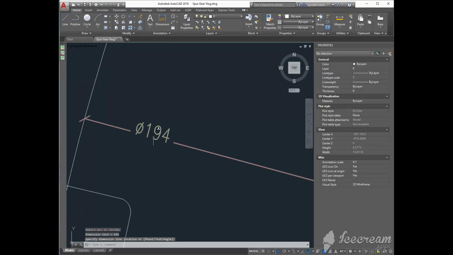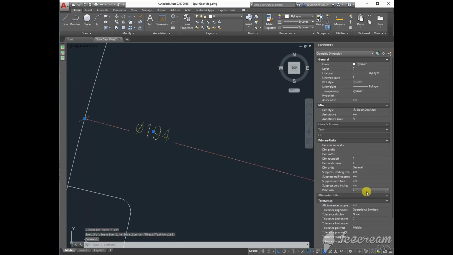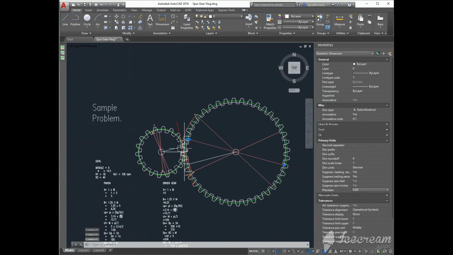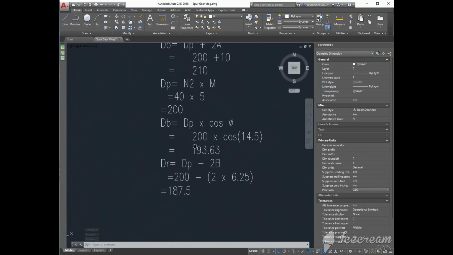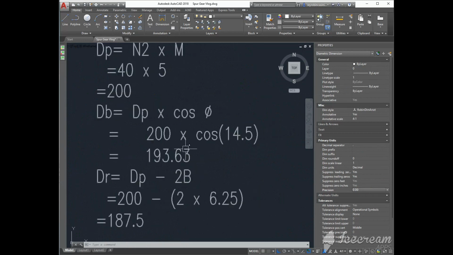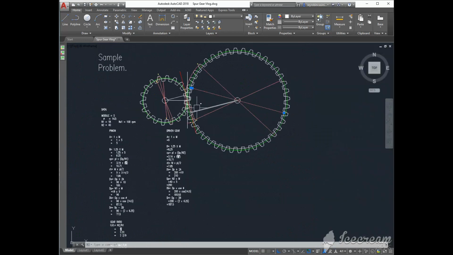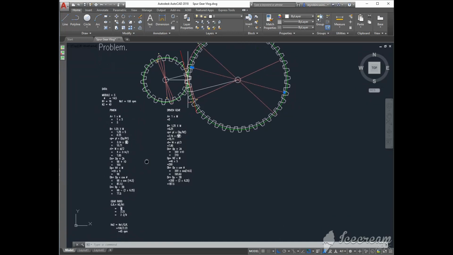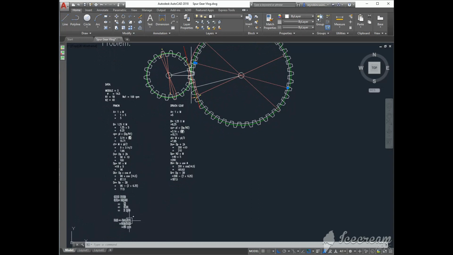It has a diameter of 194. If we increase the precision here, 193.63, which is equal to what we have solved. Now we have covered how to calculate the basic parameters of the gear and also the gear ratio and the RPM.